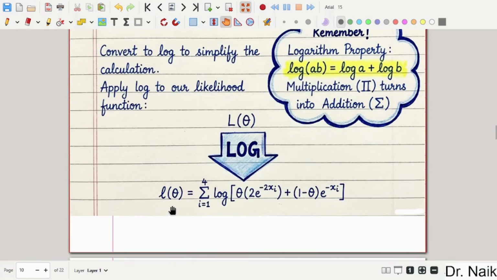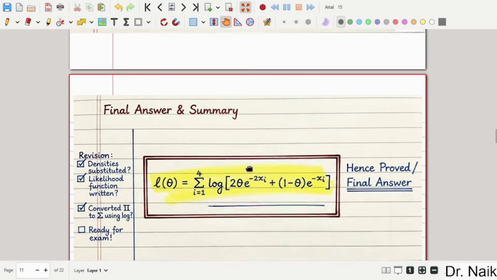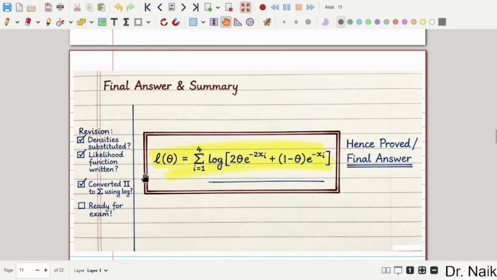Therefore, L of theta is equal to the summation from 1 to 4 of log of theta times 2e raised to minus 2xi plus 1 minus theta times e raised to minus xi. So this is our final answer. L of theta is equal to the summation from 1 to 4 of log of theta times 2e raised to minus 2xi plus 1 minus theta times e raised to minus xi.